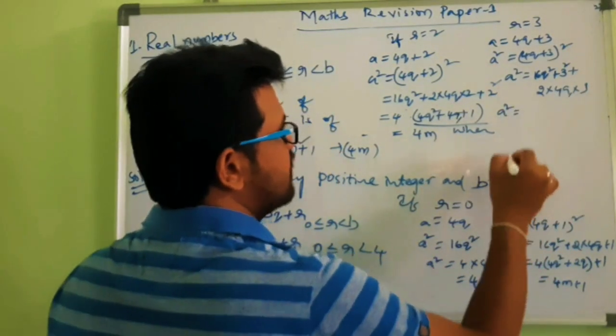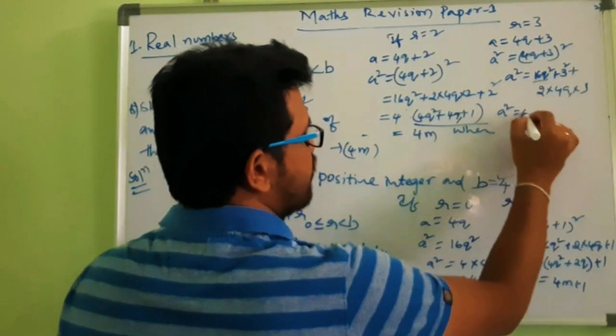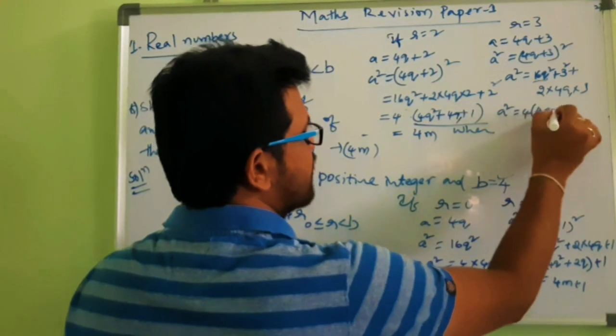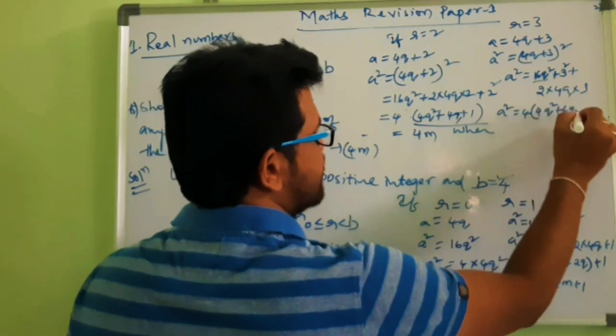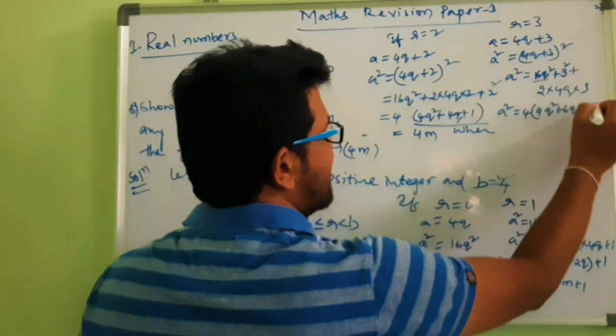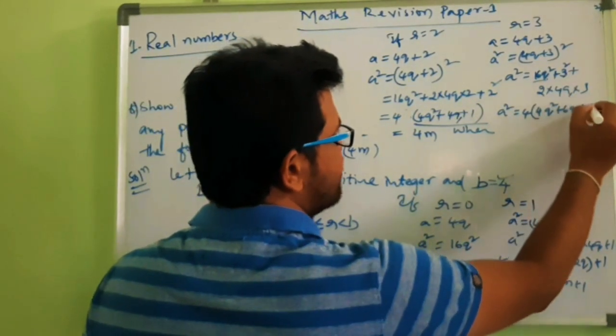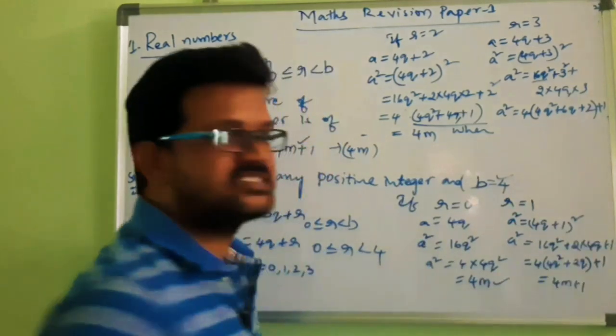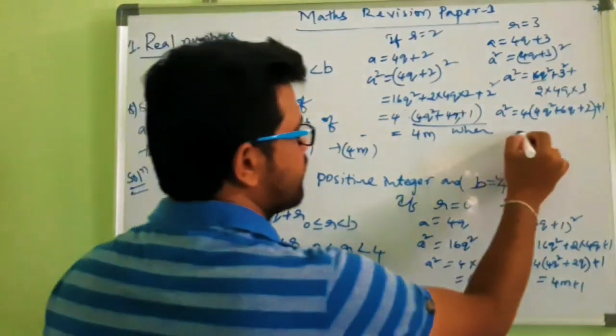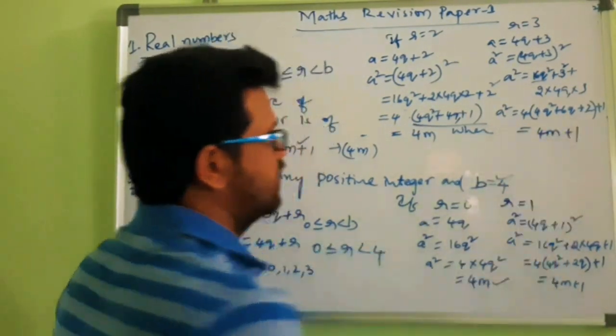Here I am taking 4 common, again we get 4Q square plus 6Q, here 9 is there, so we can write 9 as 8 plus 1, so we get again 4M plus 1.